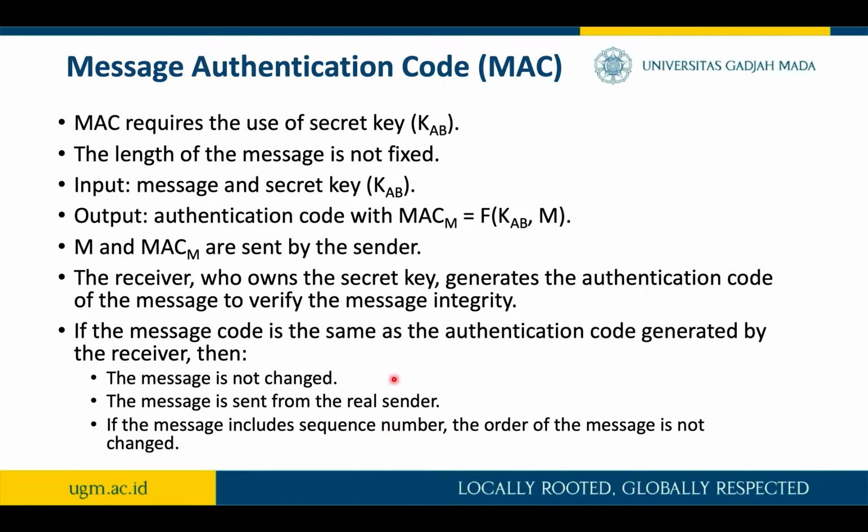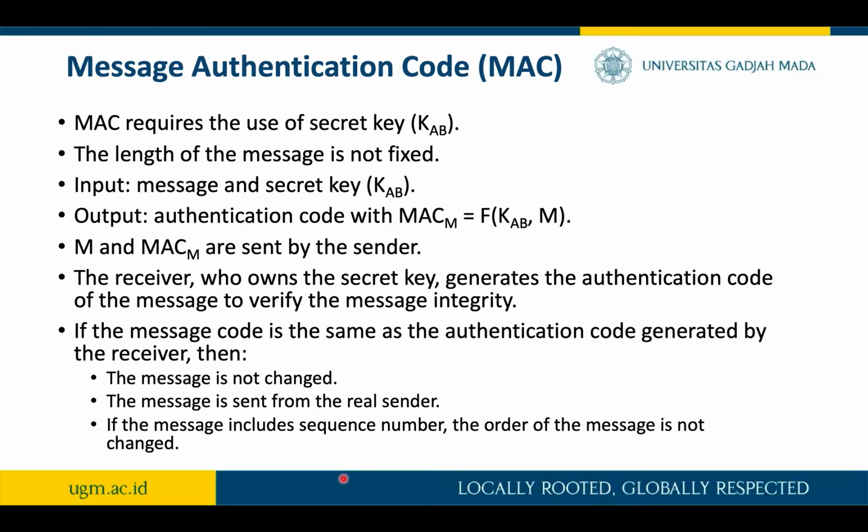A message authentication code requires the use of a secret key. So similar to symmetric encryption, here we need to use a secret key that is shared between the sender and the receiver.